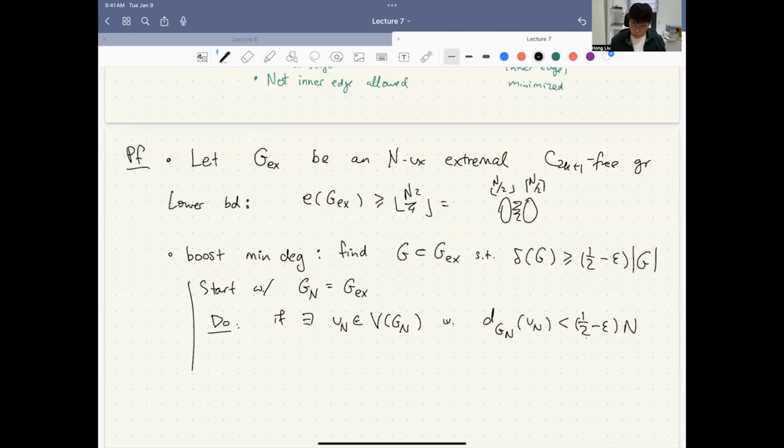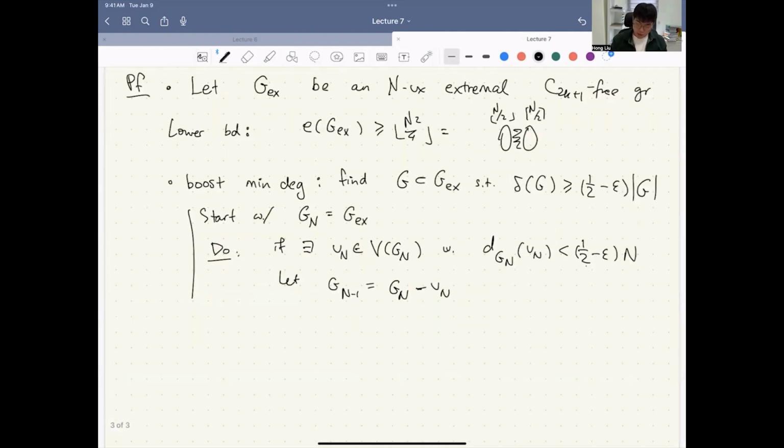Okay, so remove it. Let G_{N-1} be G_N minus V_N, and continue.